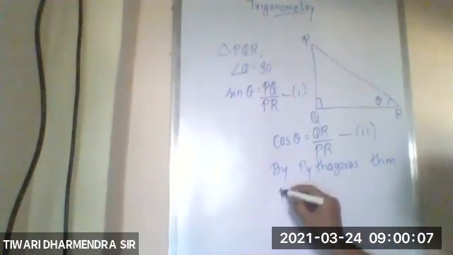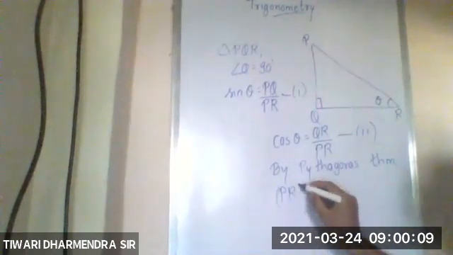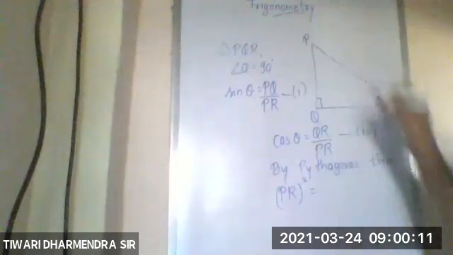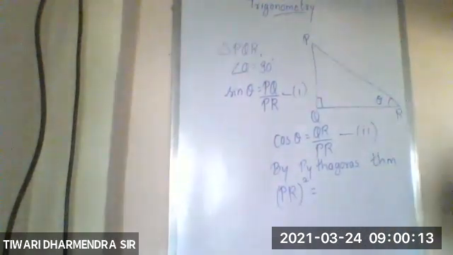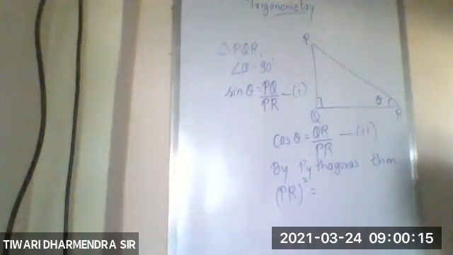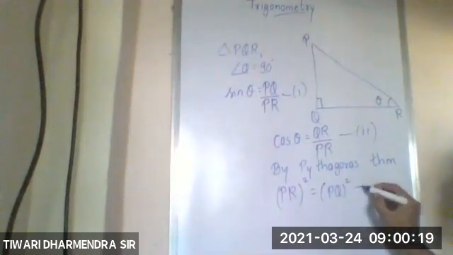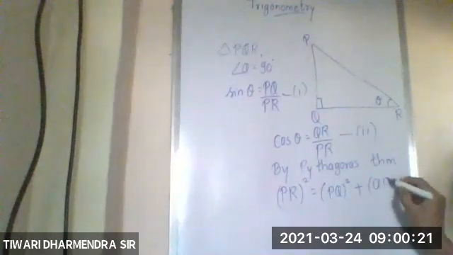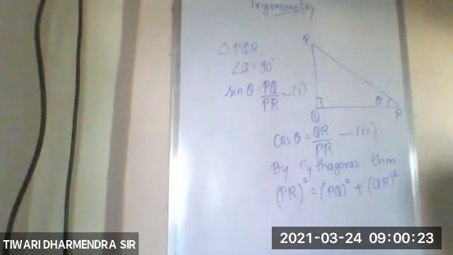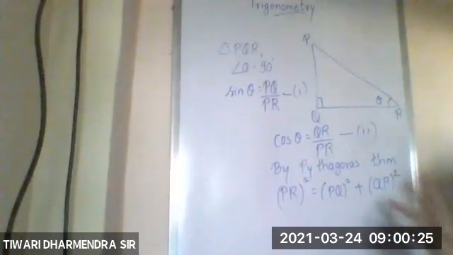It is PR square. PR square is equal to the sum of squares of the other two sides, so PQ square plus QR square. Hope this much is clear.